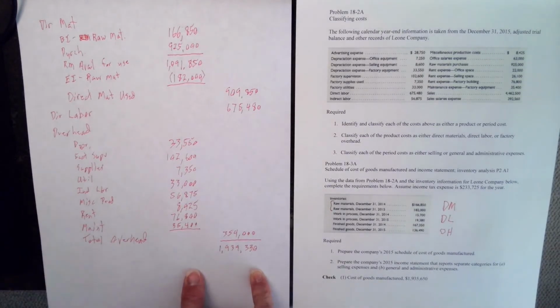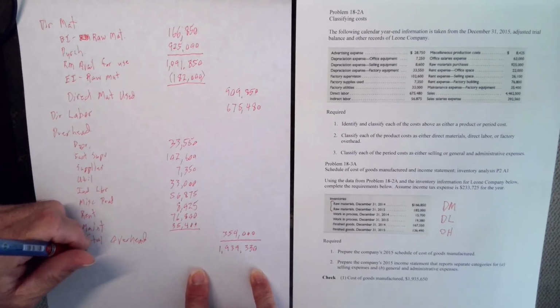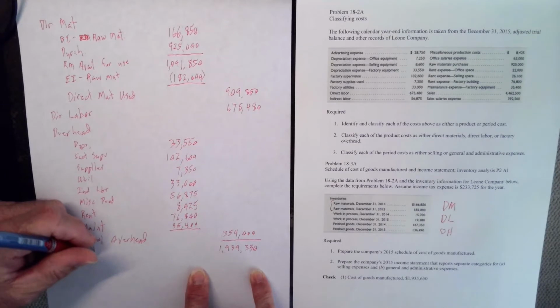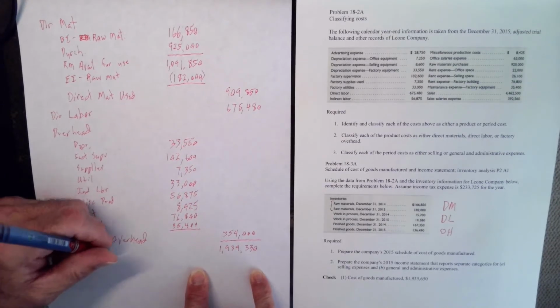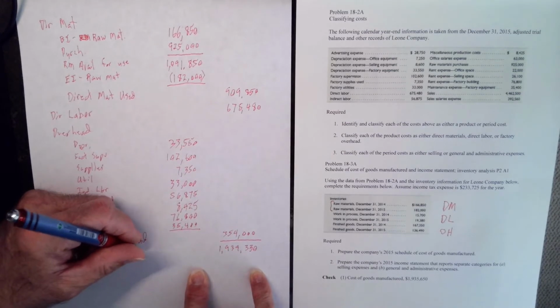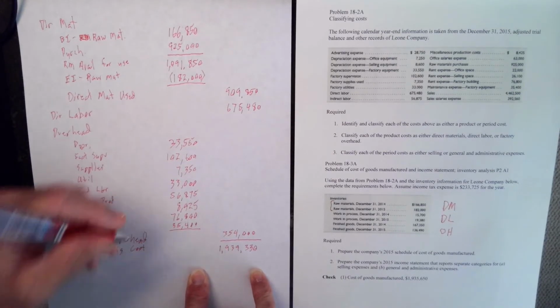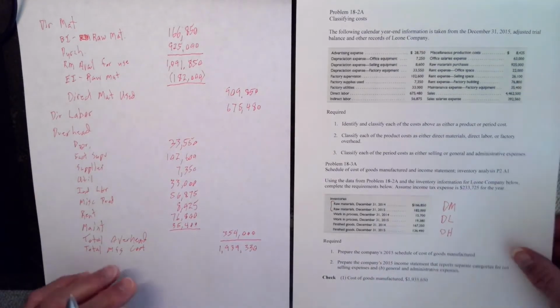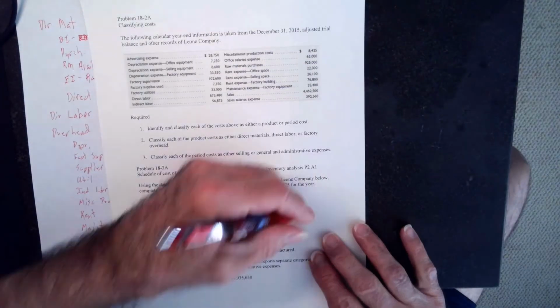Okay, and those are the three things that are going to go into work in process. So I have total manufacturing cost, now if you recall, work in process is made up of the same type of formula.